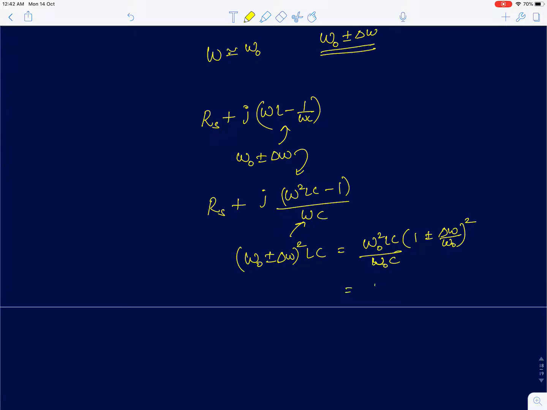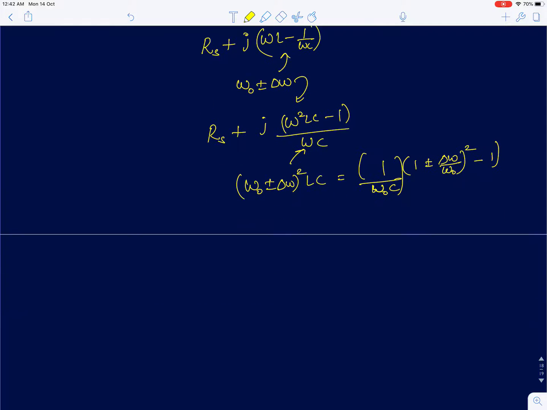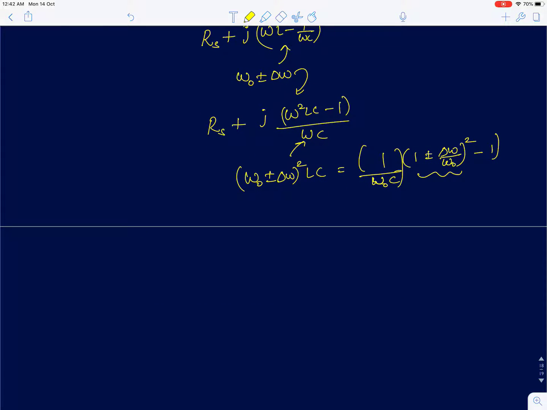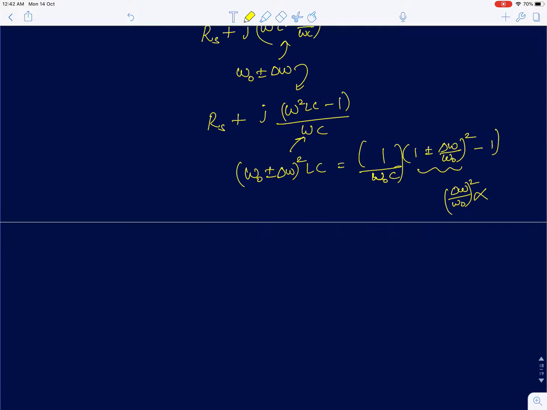So you'll be left with omega naught L into 1 plus, and there is also a minus 1 in the numerator. This term omega naught squared LC is 1, so I'll just replace this term with 1. Again, I'm going to ignore the delta omega by omega naught the whole squared term.